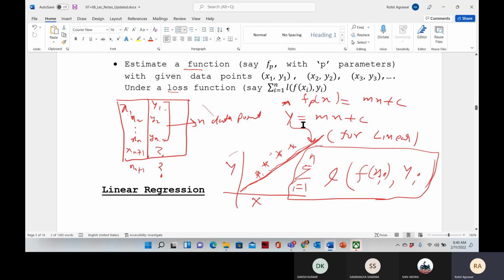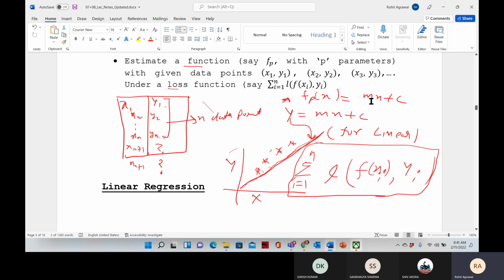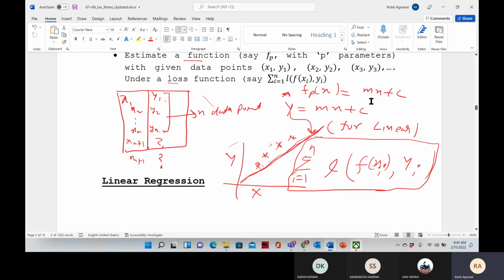Using that concept, we are going to find the values of m and c. In the lab, if you remember, using the Python library we used linear regression, and I showed you the values of m and c.